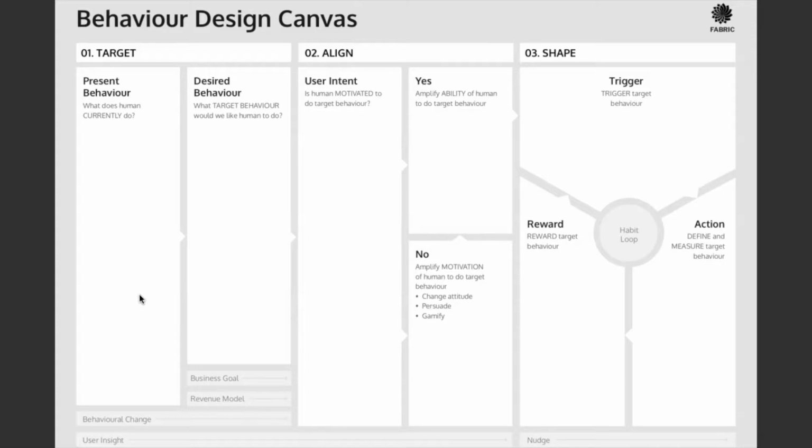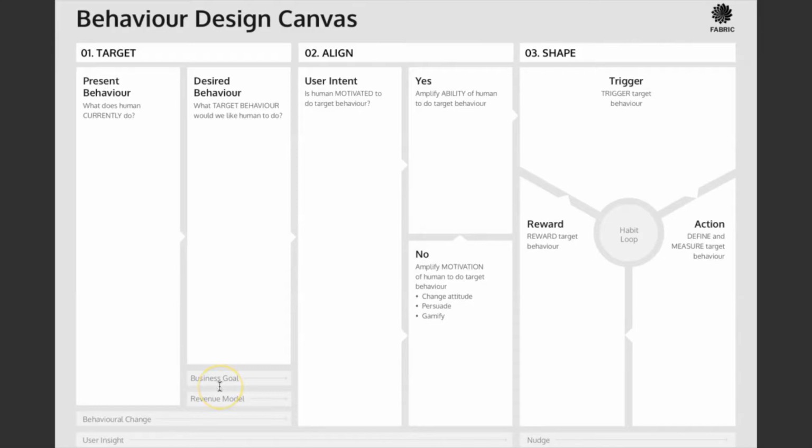So the span of thinking and the amount of time you could put into targeting the behavioral change desired can be quite a lot. And it's in this part, the first part, that we get inputs from the business goal. I would like to call this the business goal or the impact goal, because if you're a nonprofit, you measure your business effectiveness by impact, then your goals could be quite different than affecting just the bottom line.